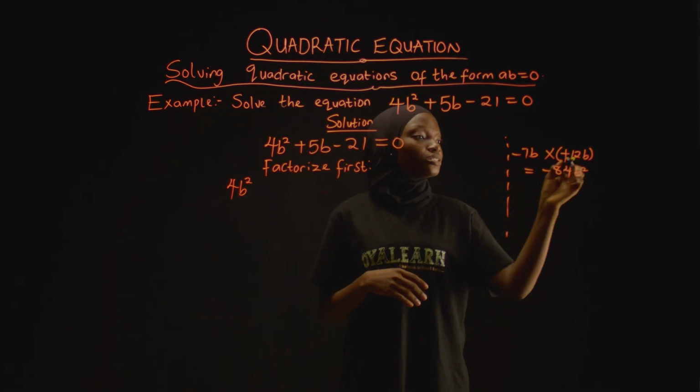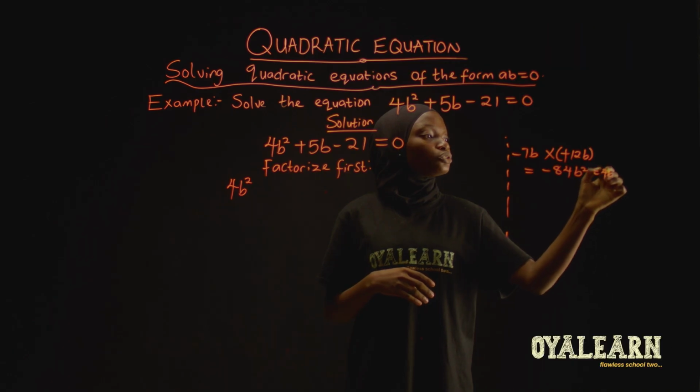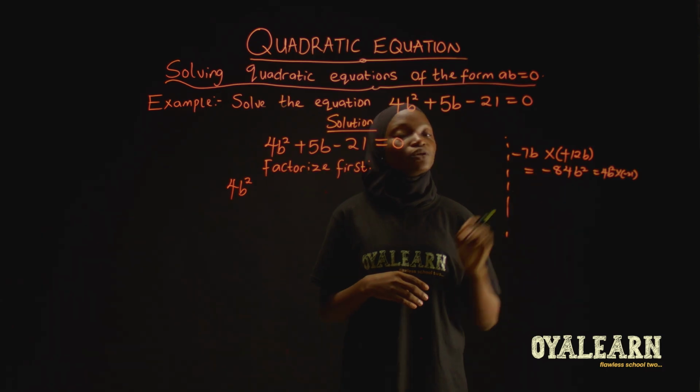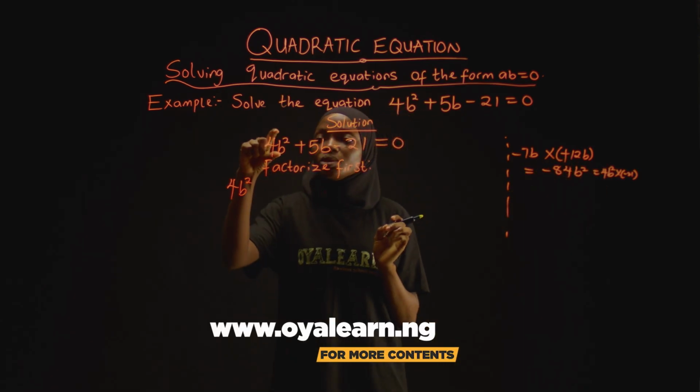That is the same as 4b squared multiplied by minus 21. 4 multiplied by minus 21 is minus 84, so we have minus 84b squared, the product of the first term and the last term.